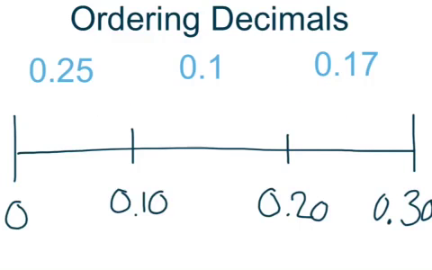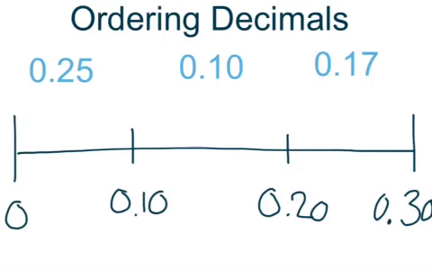Alright, so now we're going to work on putting our decimals in order, okay? So we're taking what we know for comparing them and figuring out what order do they go in. Well, I've started us off with using a number line just to kind of see how they would fit on the number line and what order they would go in. So this number we have 25 hundredths, then we have 1/10th, which can also be considered 10 hundredths, and then we have 17 hundredths.